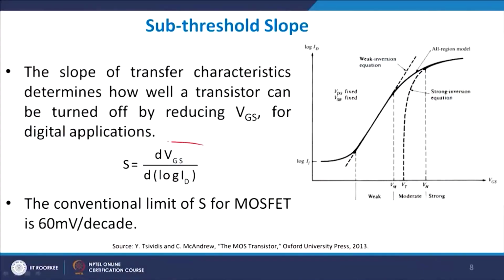We define a new term here, and that is known as the subthreshold slope, a very important term in both the analog as well as the digital world, especially in digital where switching is to be done. Though we presume that gate voltage equal to threshold voltage is the transition point between on and off state, in reality this is not true, which means that even when the gate voltage is just smaller than threshold voltage, the device is not fully off.